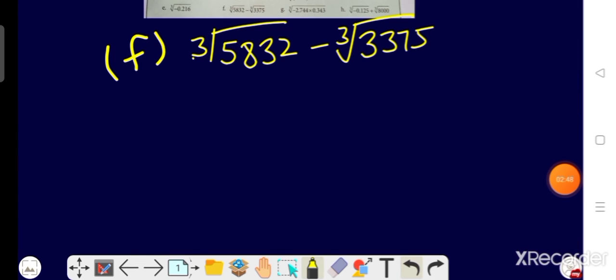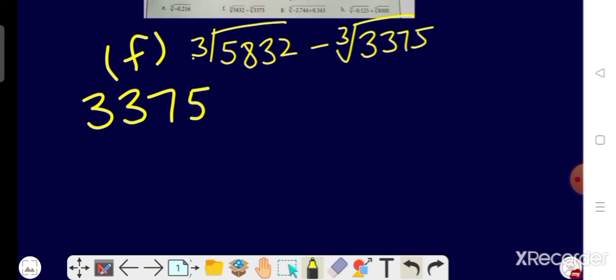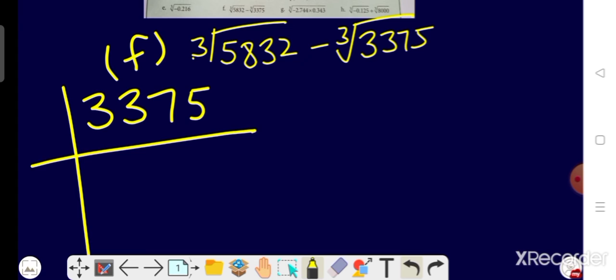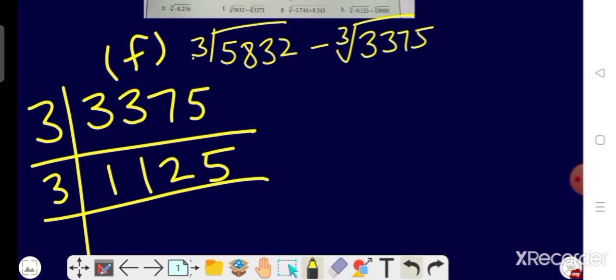To find the cube root of 3375, again we have to find the prime factorization of this. This is divisible by 3, so 1125. Again by 3, this will become 375.